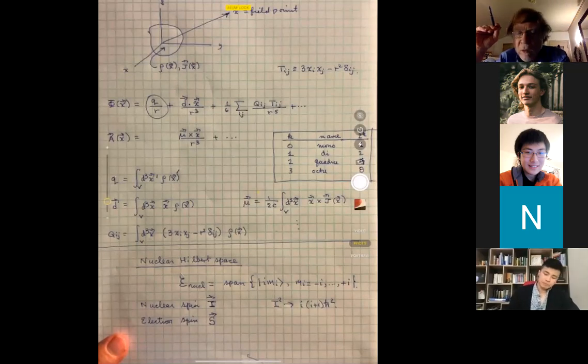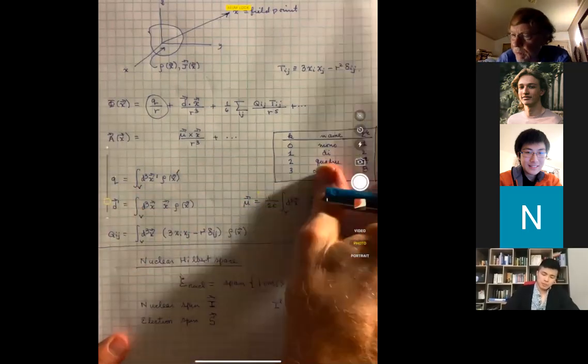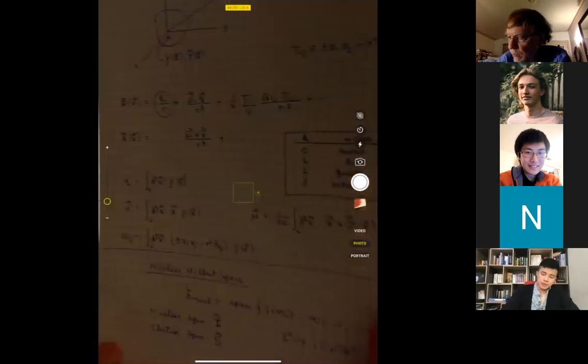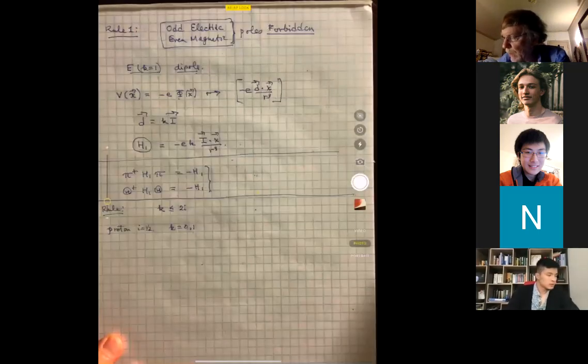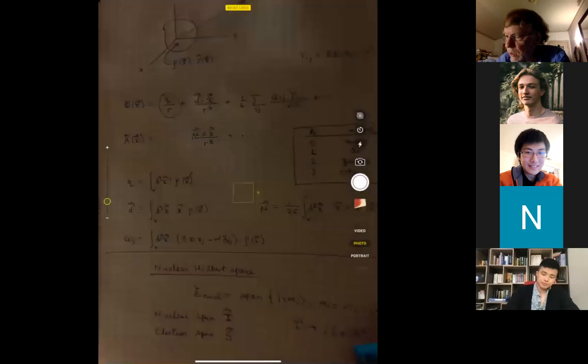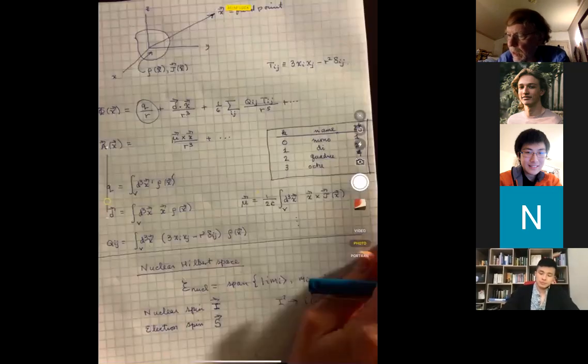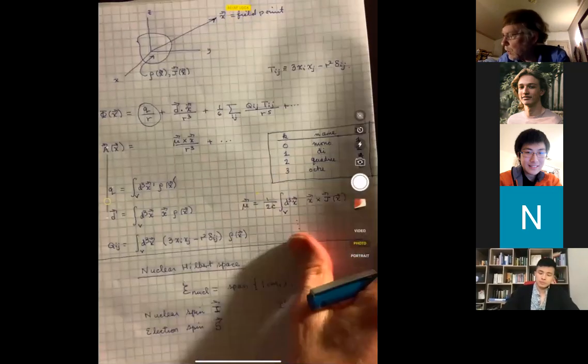And from the known measured quadrupole moment, one can get information about the D wave component of the wave function of the deuteron. All right, anyway, so the basic rule seems to be that if the moment is allowed by these rules, then it actually occurs.